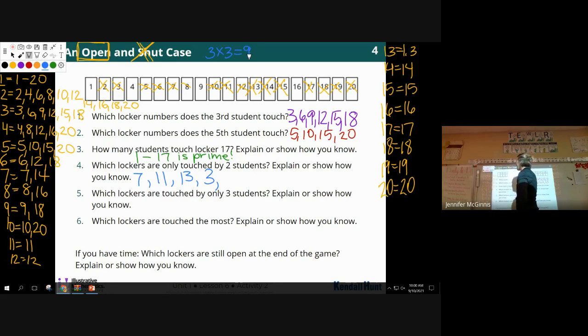Well, that's not right, is it? 3 is also prime, right? Yeah, that's why. Because 3 is prime.